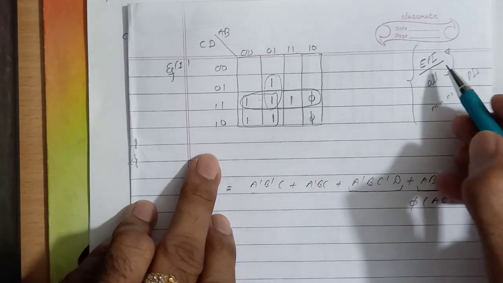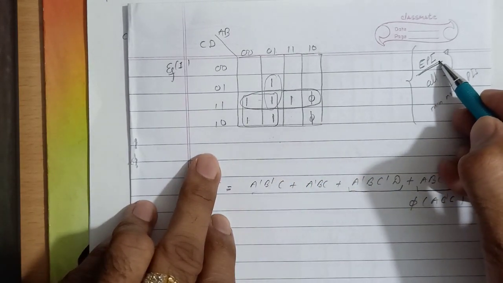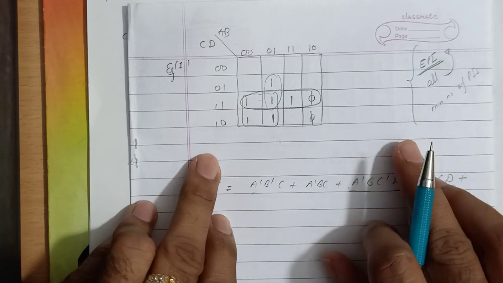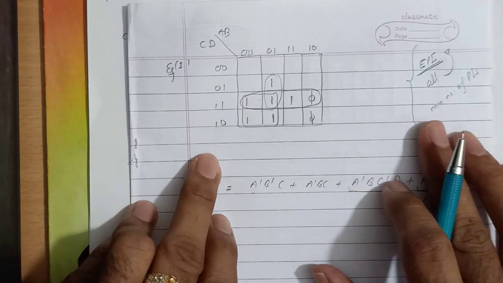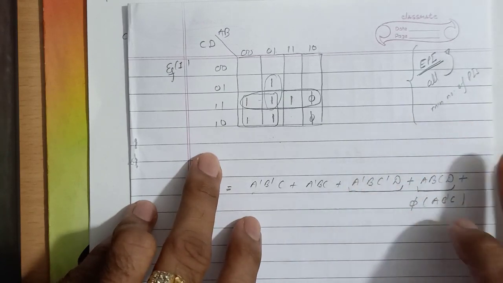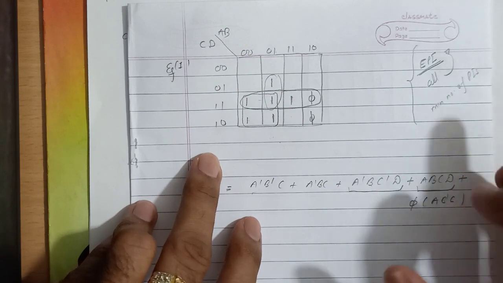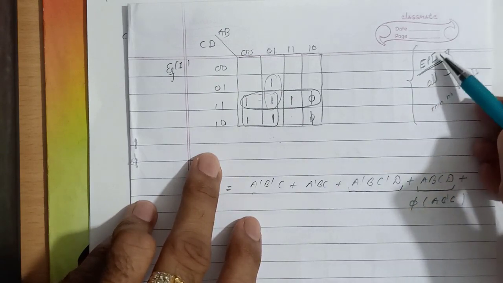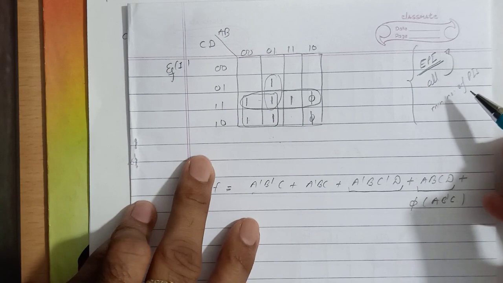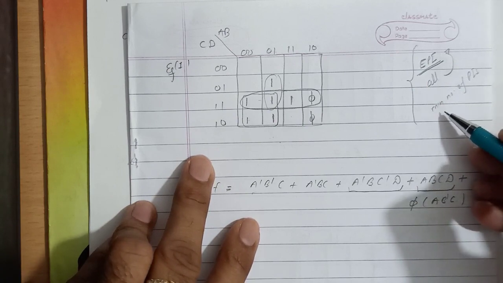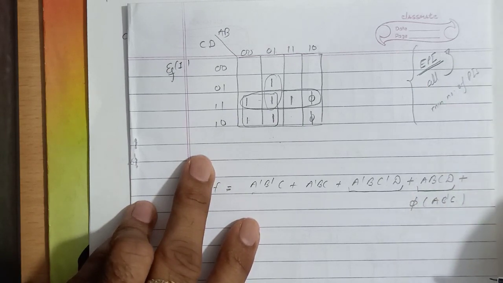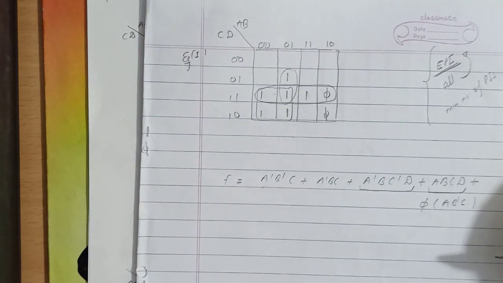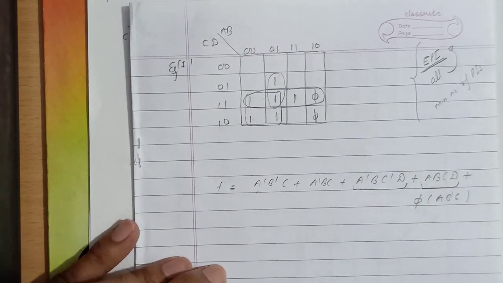Whenever you find all the essential prime implicants, the number of remaining ones will be very low. After finding all the essential prime implicants, for the remaining ones we will find the prime implicants. Okay, the minimum number of prime implicants will be chosen.